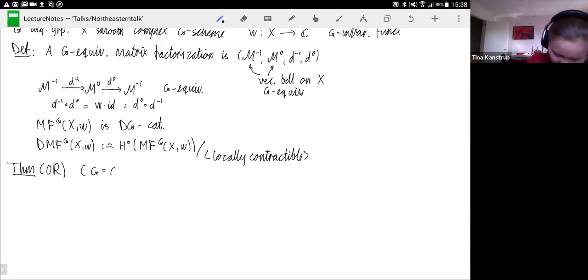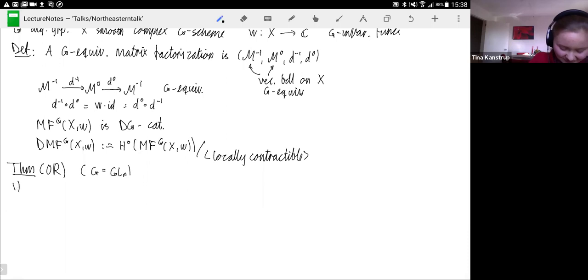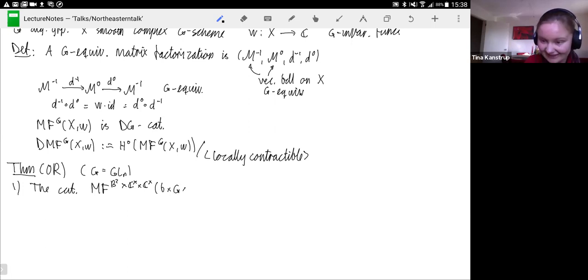Okay, so GLN. And then they construct this category, which at first didn't ring any bells, but when you translate it, it turned out to be a dear old friend in disguise.